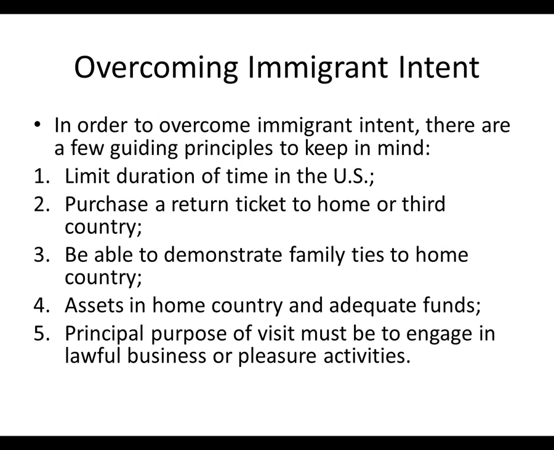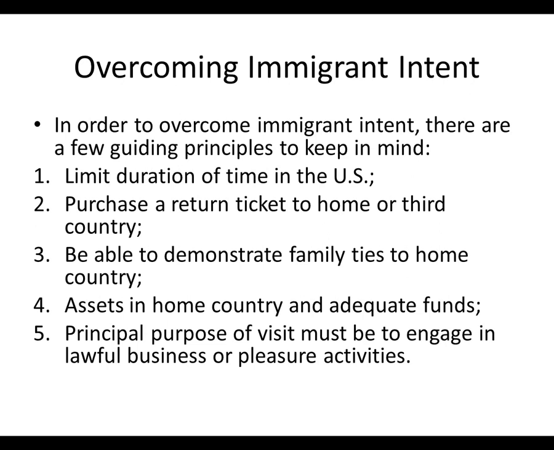And assets in the home country are another good way to overcome immigrant intent. So we're often asked the question of what are sufficient assets, and unfortunately there's no great answer to that. The more assets, the better. Property ownership is weighted heavily in terms of overcoming immigrant intent.